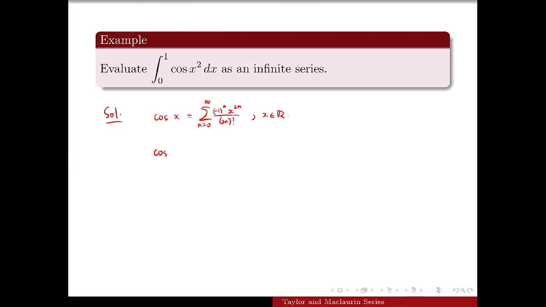So cosine x squared, this is the sum from 0 to plus infinity, negative 1 to the n, x squared raised to 2n over 2n factorial. But this is just the sum, and from 0 to plus infinity, negative 1 to the n, x raised to 4n divided by 2n factorial.